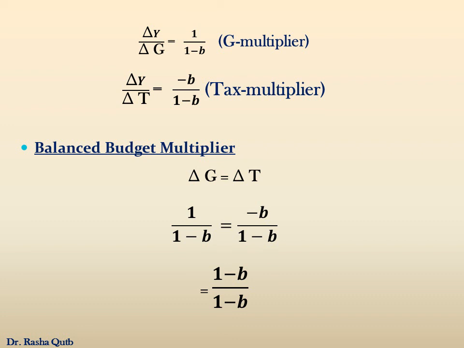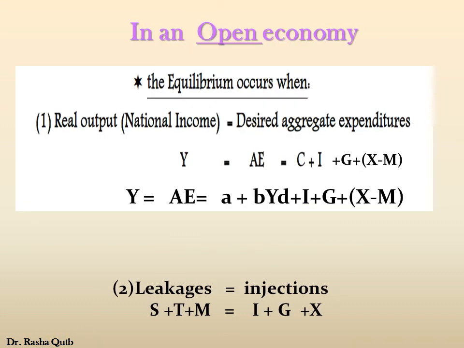If both multipliers were equal, the net effect would equal 0, but it is not 0, it equals 1, which is 1 minus b over 1 minus b. This means that if government expenditures and taxes increased by $10, the equilibrium level of national income increased by $10.